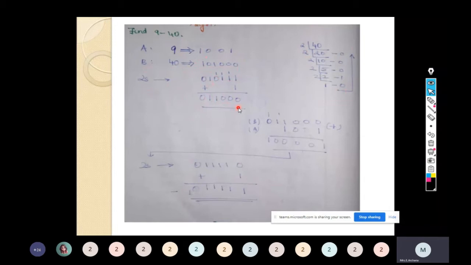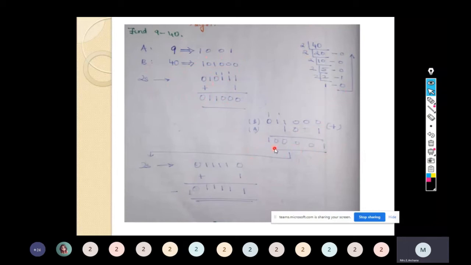It is going to get added with A. So the answer will be 100001, that is 1, 4 zeros, 1. There is no carry. See here, if there is a carry, we discard the carry using 2's complement.